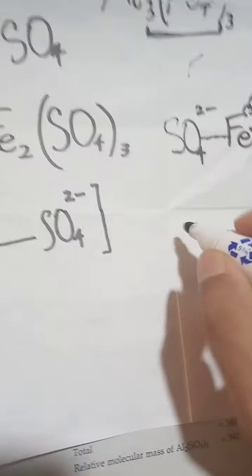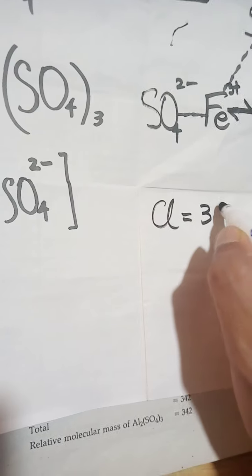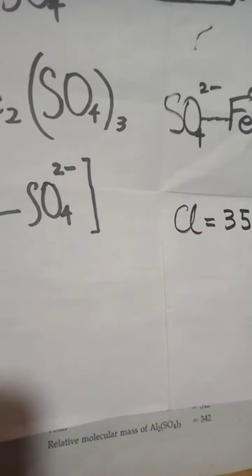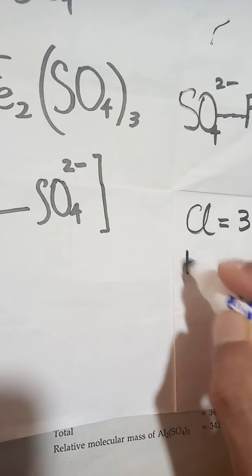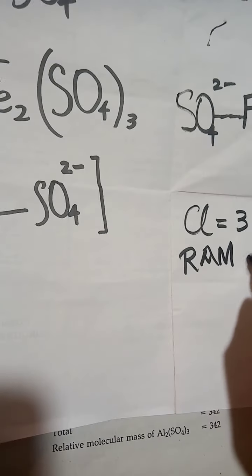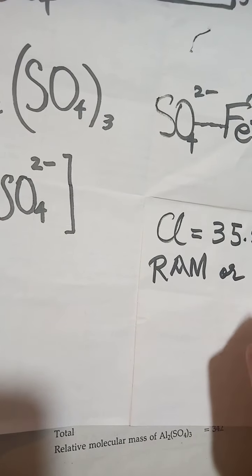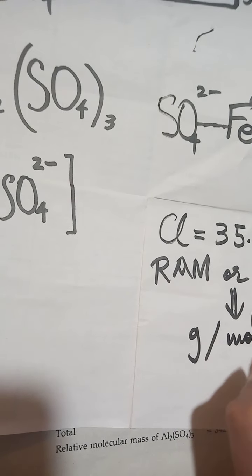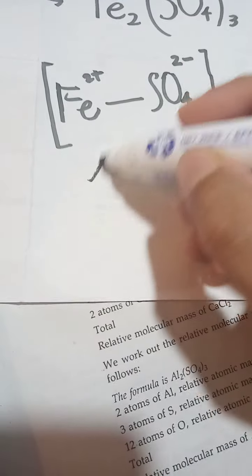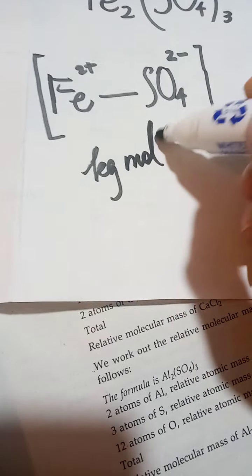So we'll do simple examples. We'll start off from the relative atomic mass. So the relative atomic mass of chlorine is an averaged out 35.5 grams per mole. Whenever you're measuring RAM or RMM, it has to be in grams per mole. It can't be in kgs per mole. Nope.